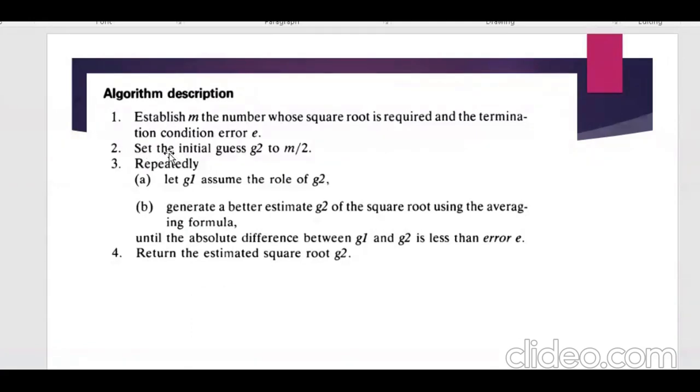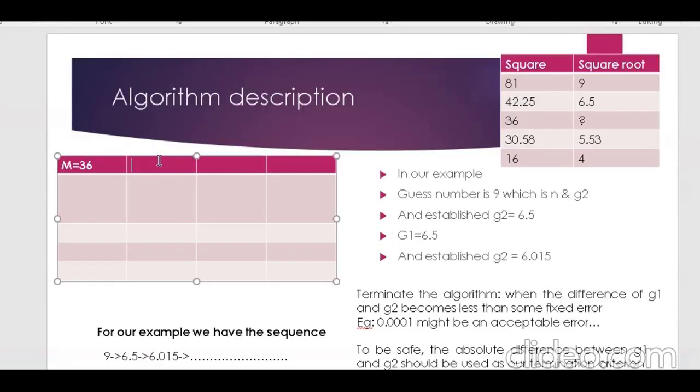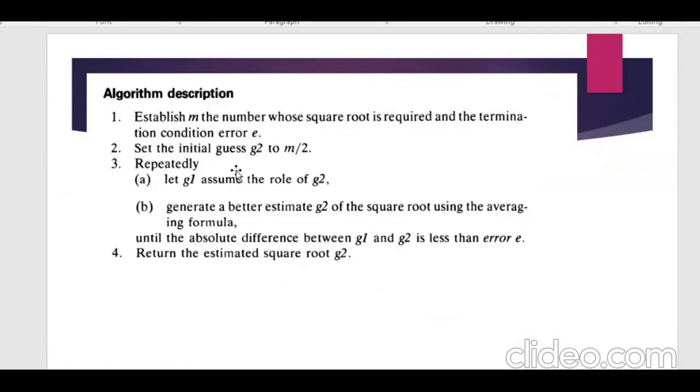Okay, now we'll go to the second step, initialize guess number, that is G2, to M divided by 2. So now here our G2 is equal to 9. There is a strategy that is applied to guess a number, M by 2. That means they start from 18.